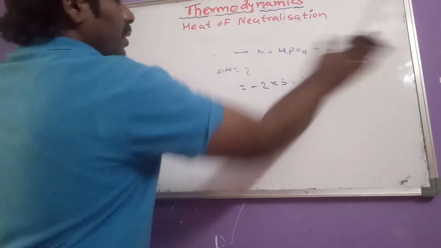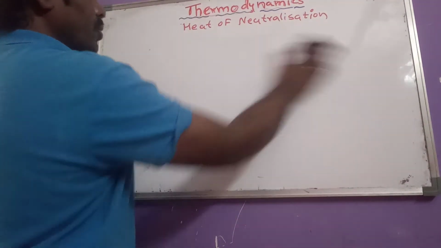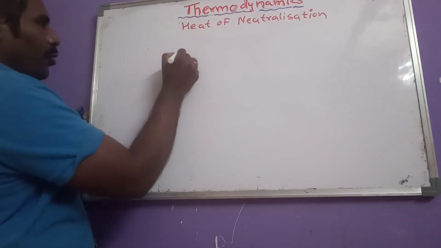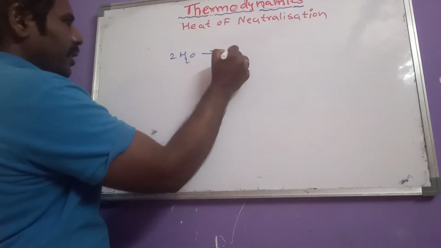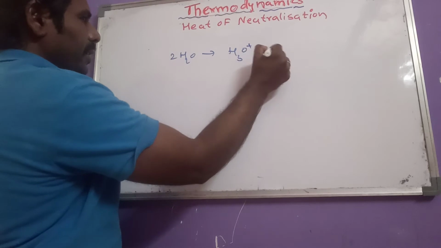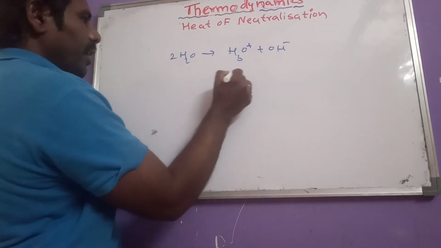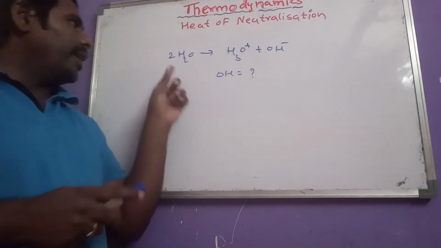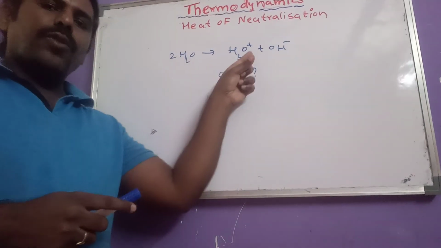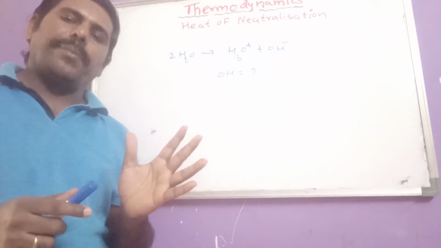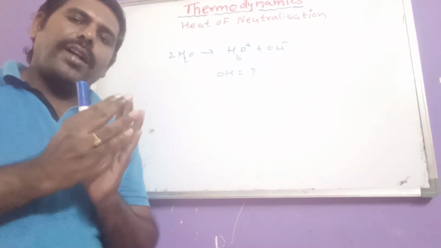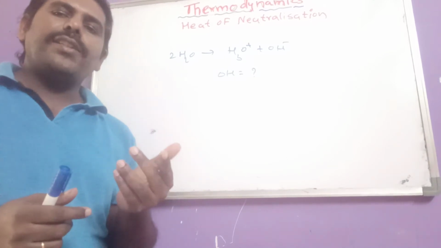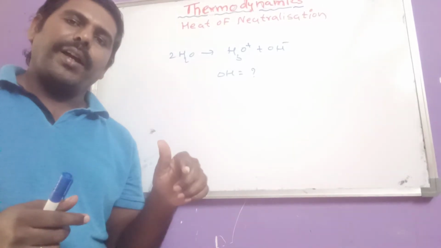Okay. Now another question related to this. See here, what is another type of question? 2 moles of H2O gives H3O+ plus OH-. What is the delta H value for this reaction? Now see here, this is given as H2O dissociation, not formation. If 1 mole of water is formed, delta H value is minus 57.3.